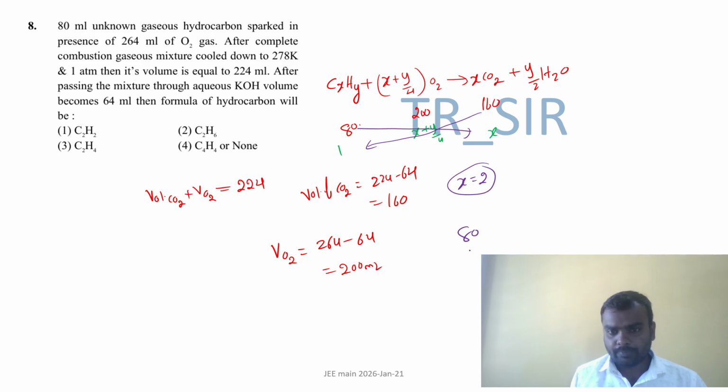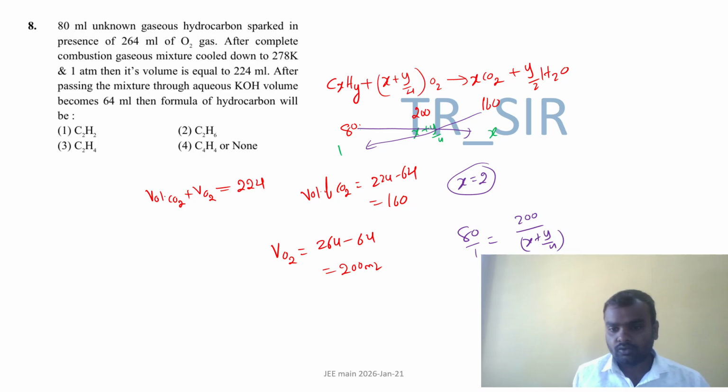Now after that, equate any of these two. So 80 by 1 is equal to 200 by (x plus y by 4). Bring it down: x plus y by 4 is equal to 20 by 8, which is approximately 2.5.